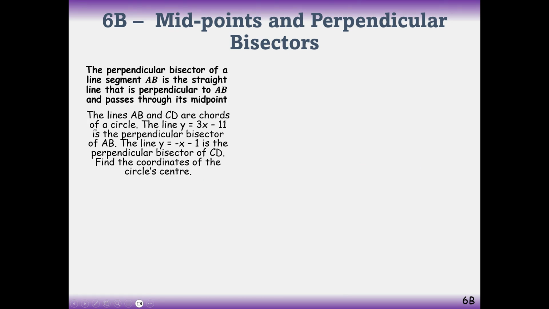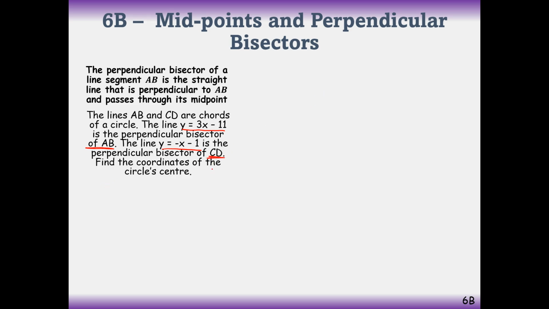Alright, so in this next example, we've been told that lines AB and CD are chords of the circle. They have such and such equations. So the line y equals 3x minus 4 is the perpendicular bisector of AB. So be careful here. And this line is the perpendicular bisector of CD.